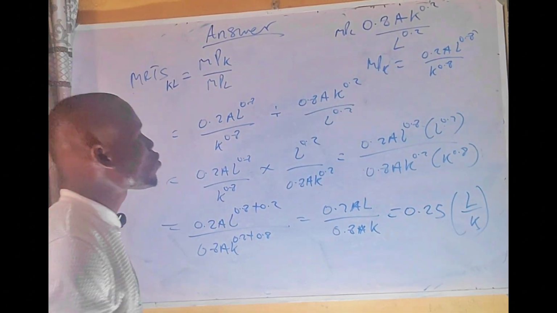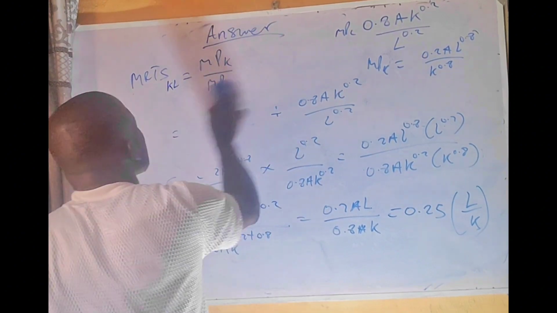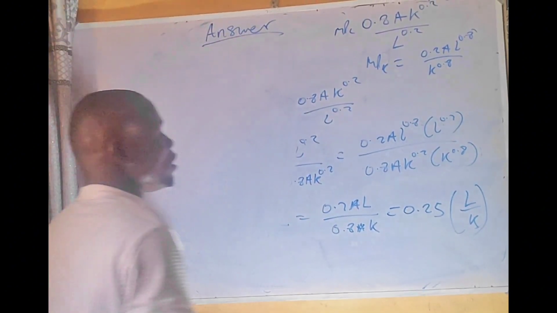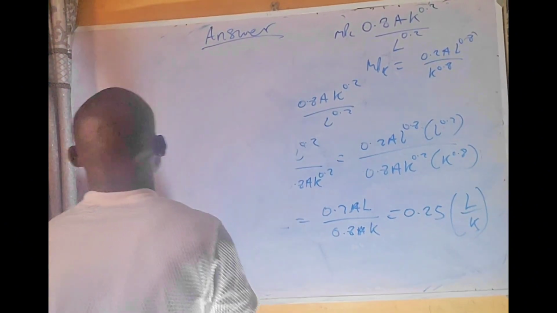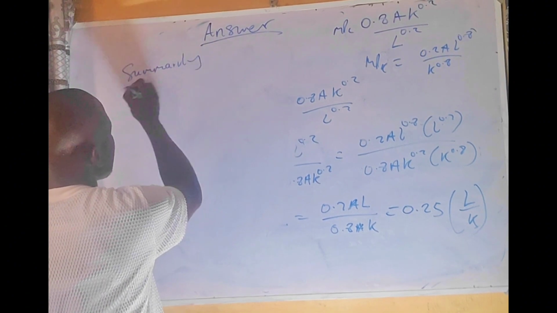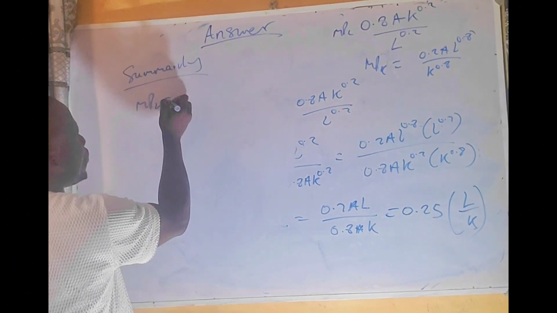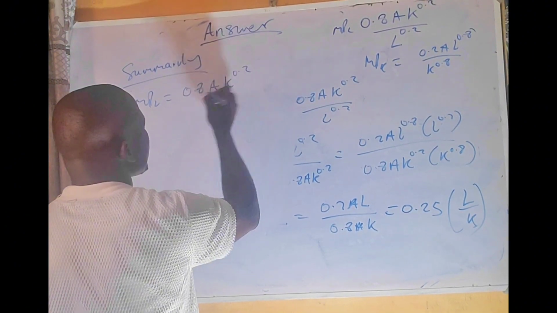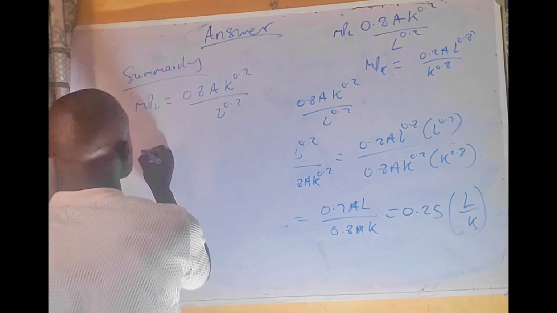Mostly when you solve this kind of question, it's always nice to have a summary. Summarily, marginal product of labor equals 0.8 A K^0.2 over L^0.2.